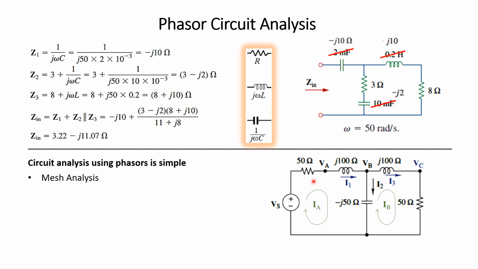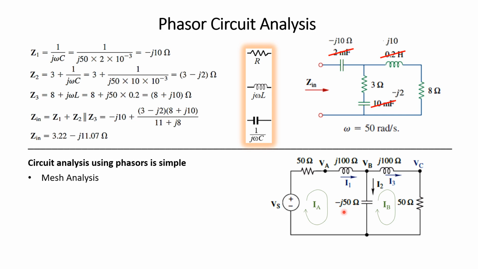In the mesh analysis, this is mesh A and mesh B. So writing the mesh equation will be 50 times IA plus J100 IA, minus J50 multiplied by (IA minus IB), is equal to the voltage rise Vs. And for IB: J100 IB plus 50 IB, and minus J50 (IB minus IA).